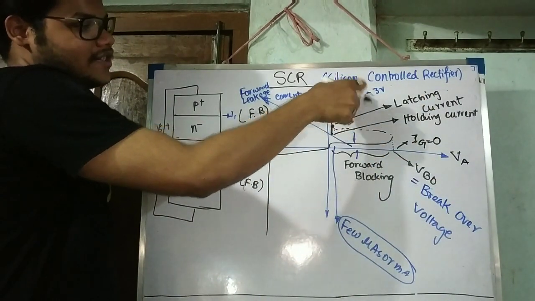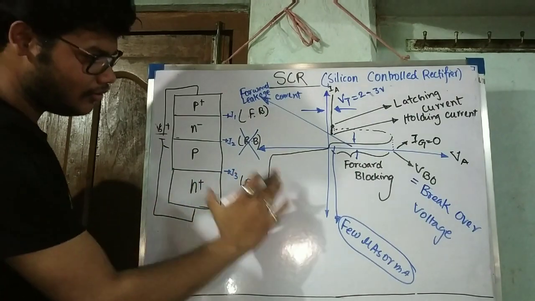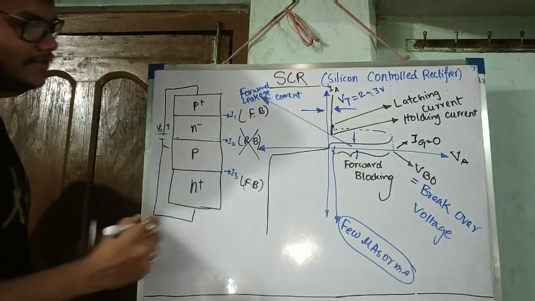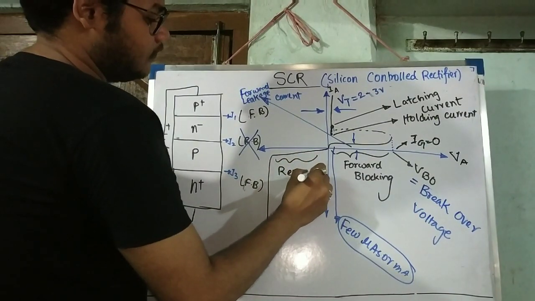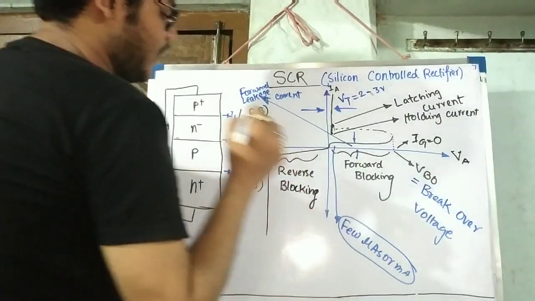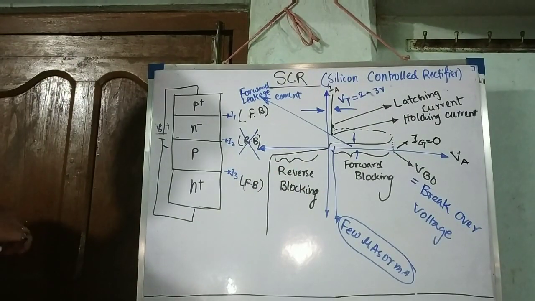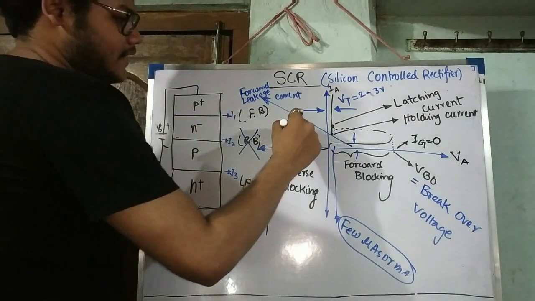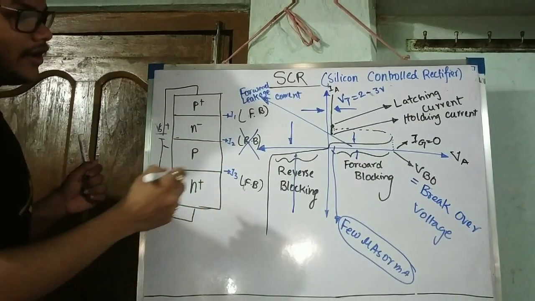This is your forward conduction characteristics, and this is your forward blocking characteristics. Now let's come to the reverse blocking characteristics. This is your reverse blocking. When the thyristor is in reverse bias, or reverse voltage is applied, a small amount of current flows across the thyristor.